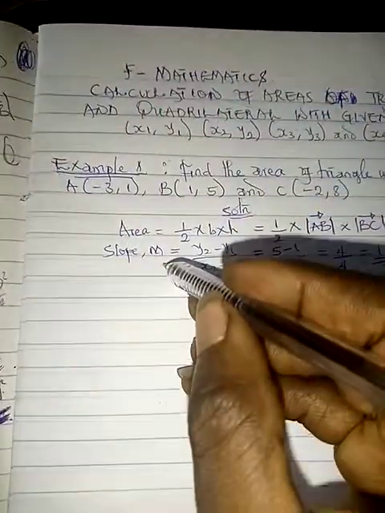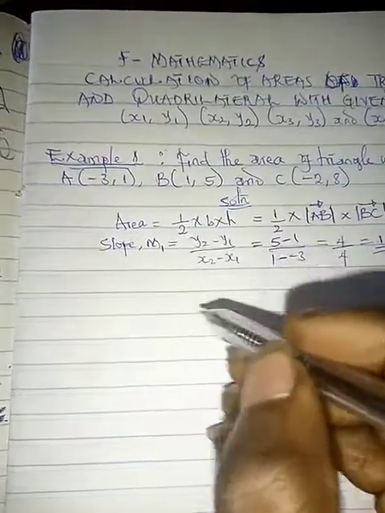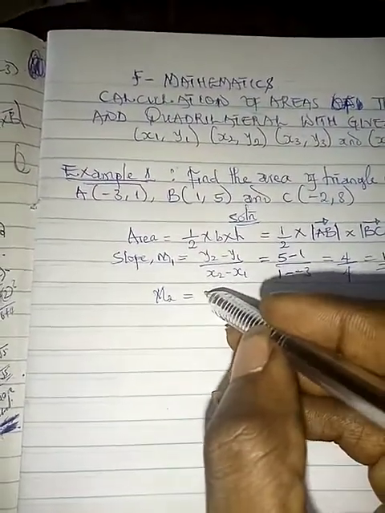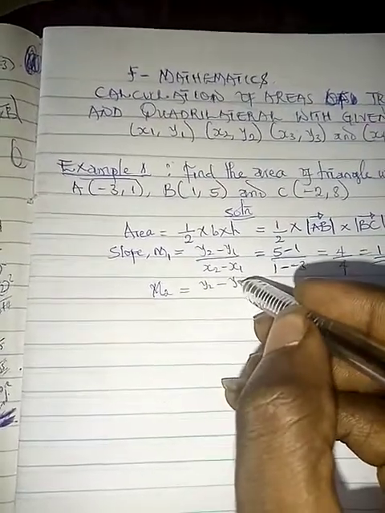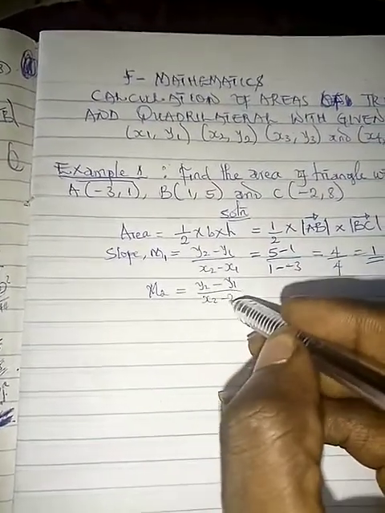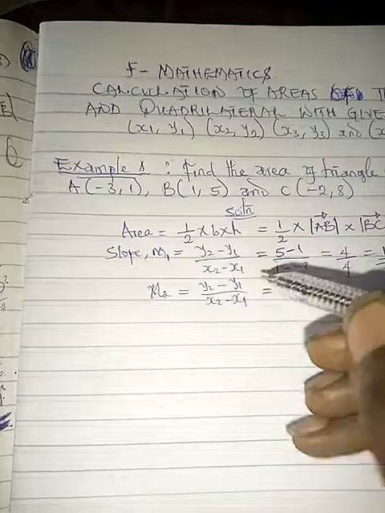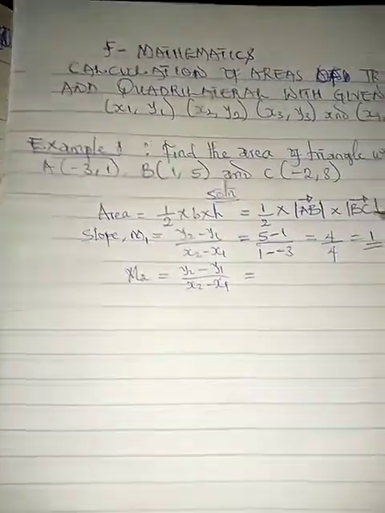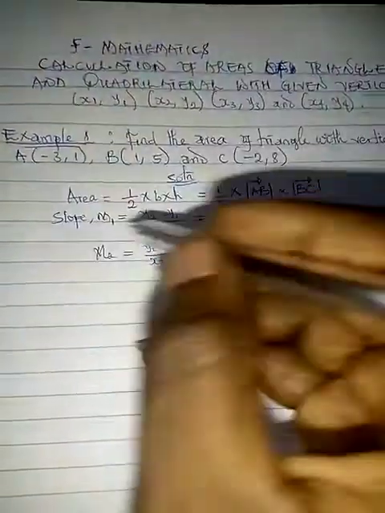So I will call this one M1, and then I will call this one M2. So it's still the same formula, y2 minus y1 over x2 minus x1. Now we are working with BC. This one we work with AB, but let me put it here.